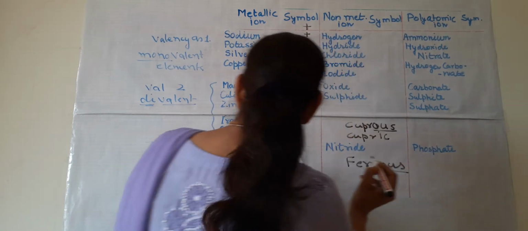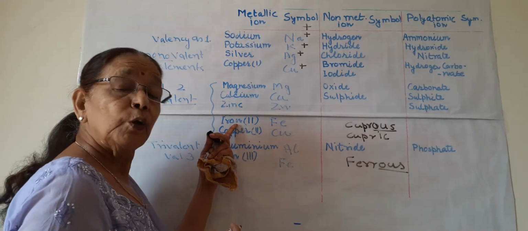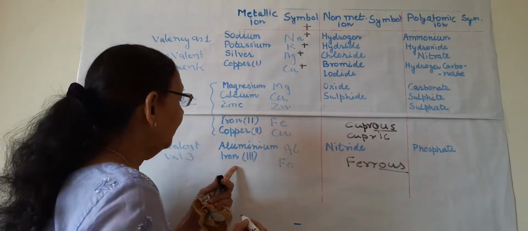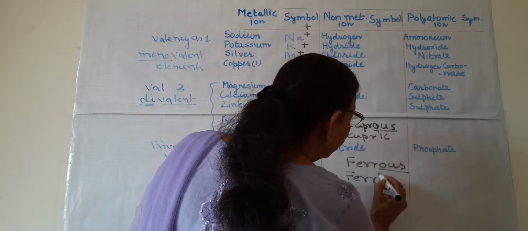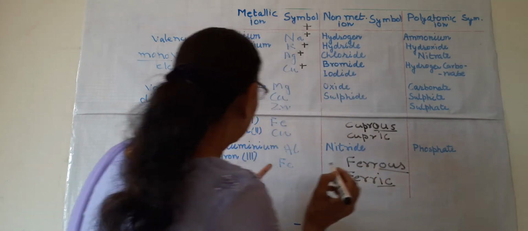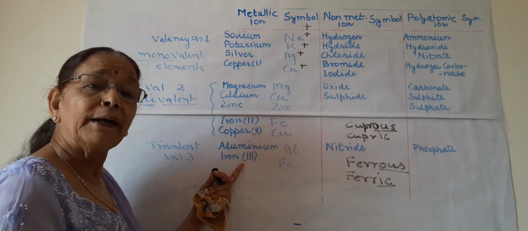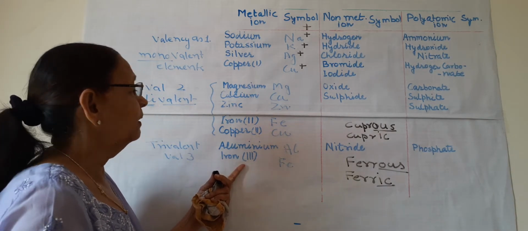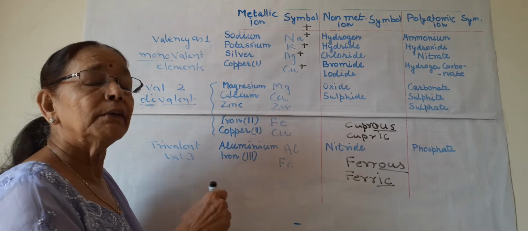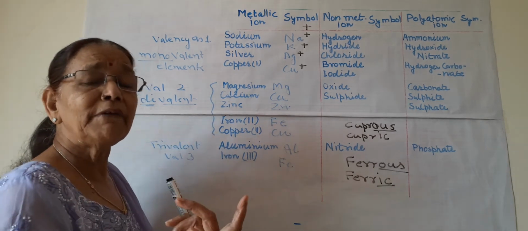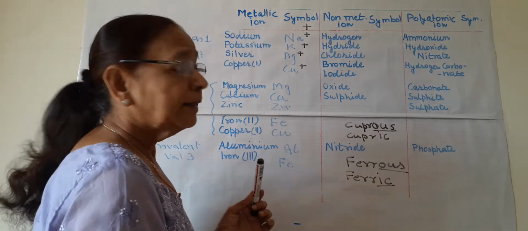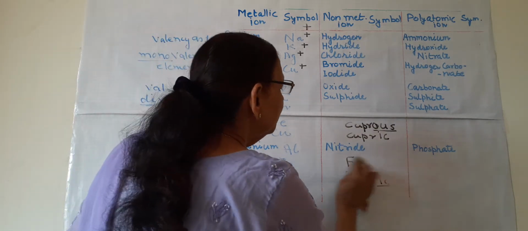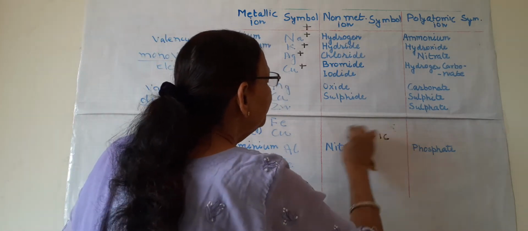OUS is added to the lower valency iron, and this iron is known as ferric. IC is added to the higher valency of iron. So the elements which have multiple or variable valency are denoted like this. This is one thing I want to tell you.